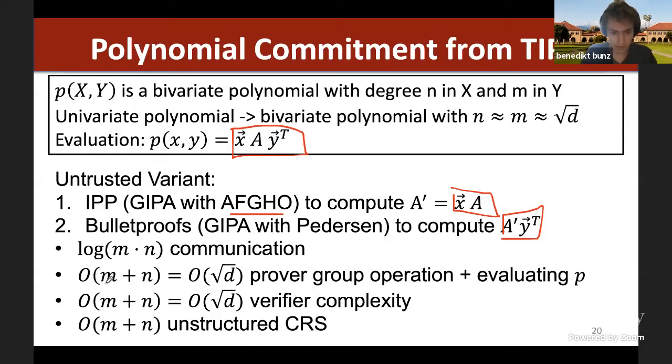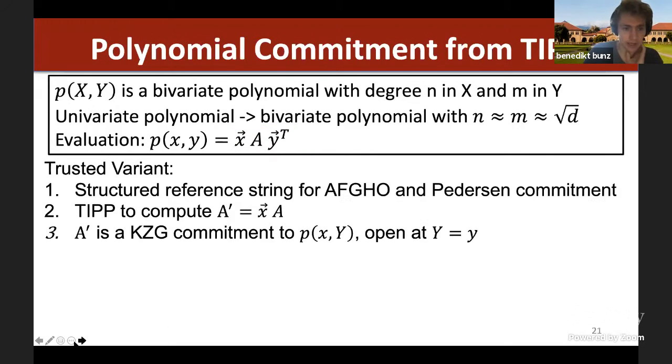So can we do better than this? Well, yeah, with our trusted setup protocol, we can use a structured reference string, and then in the first step, we're going to use our TIPP protocol. So this is the trusted protocol that I just presented to compute A prime.